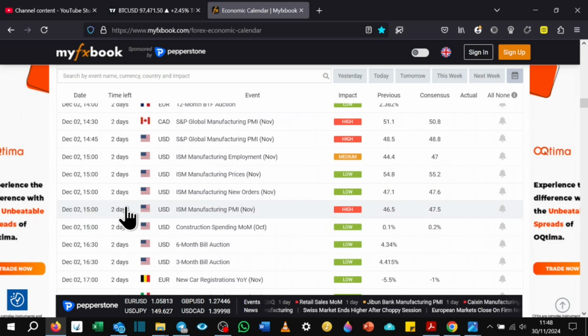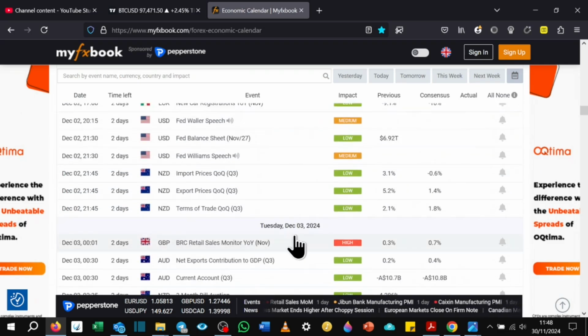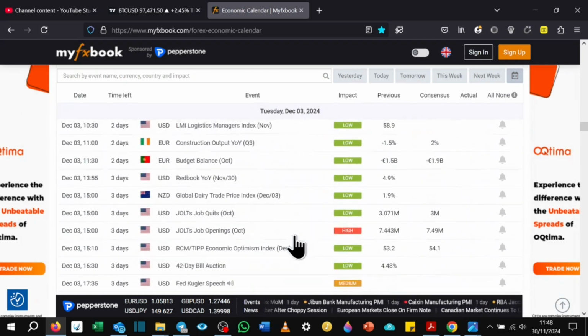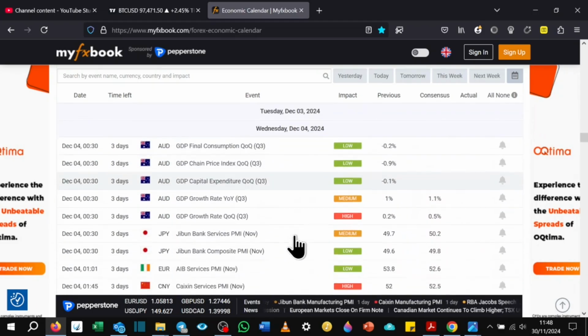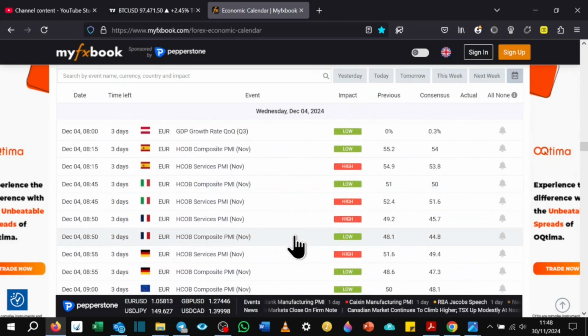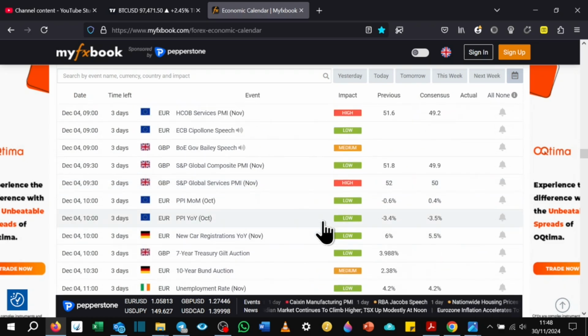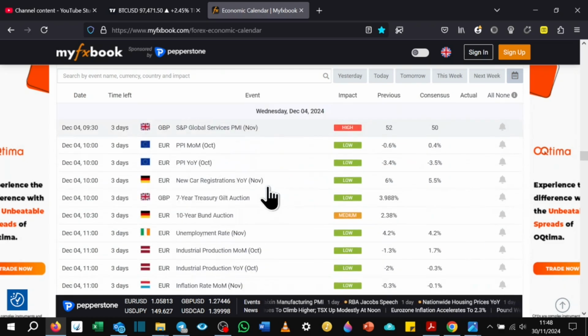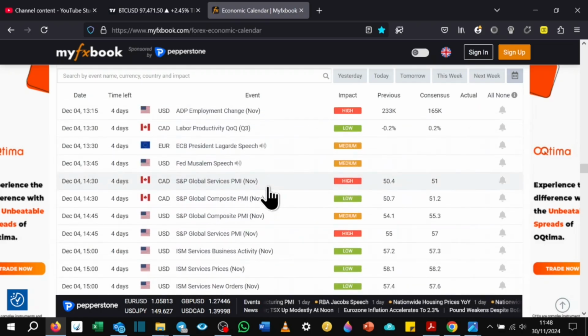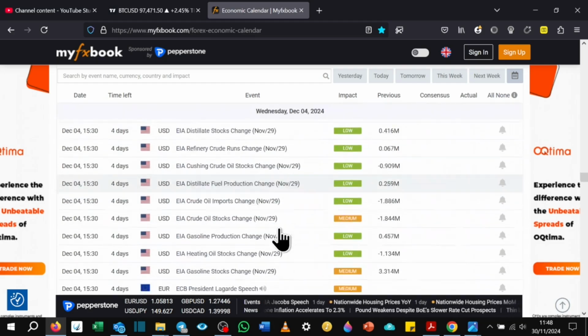There's US dollar red folder news at 3 o'clock. GBP news, if you're trading GBP, watch out for that one on Wednesday. Wednesday as well, there's US dollar red folder news.